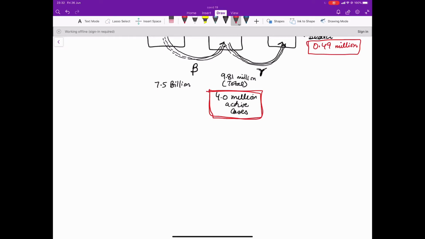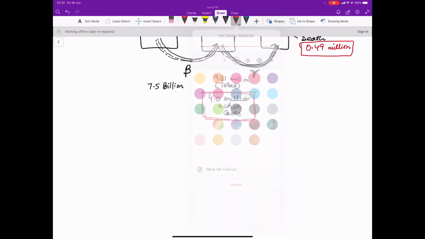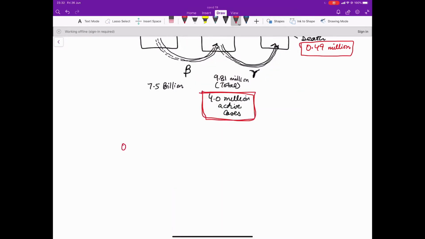from the mortality figure. So let's say 0.49 million people have died as of today, total 0.49 million deaths. On average, the global case fatality rate is around 1 to 2%.